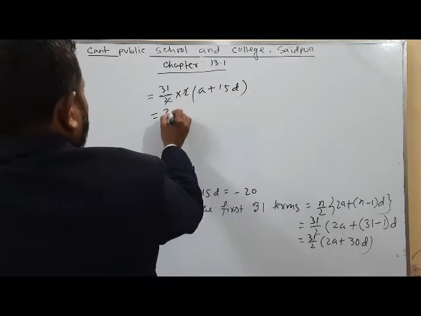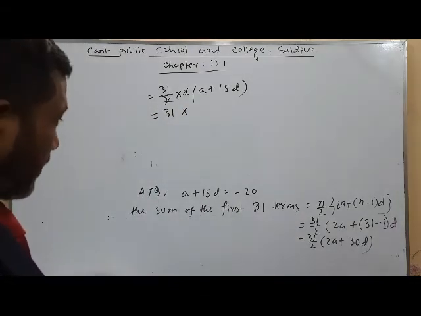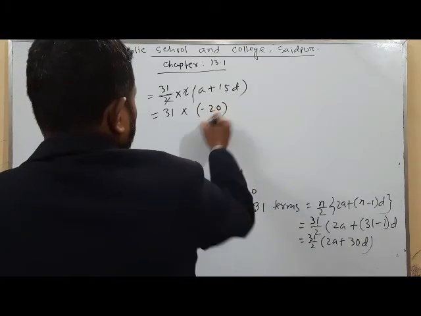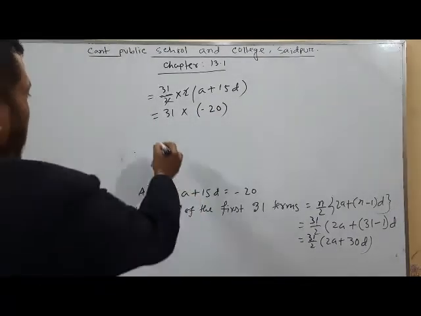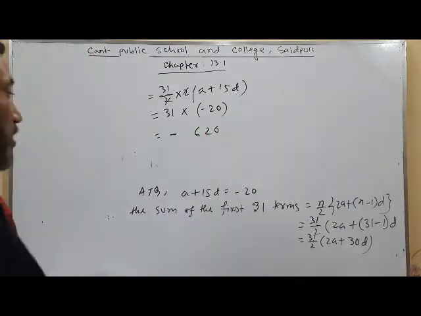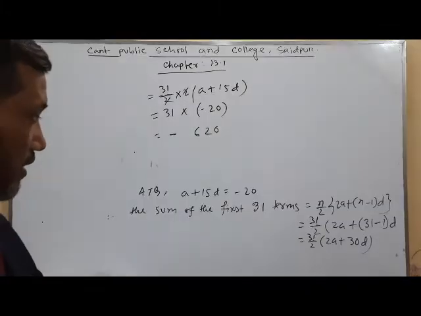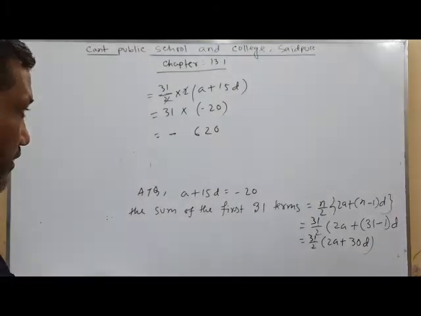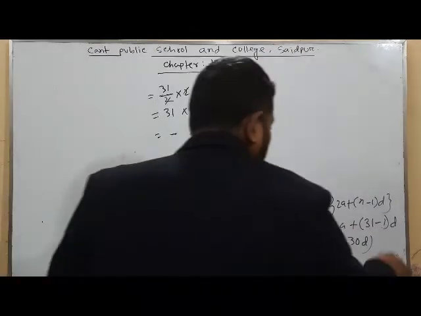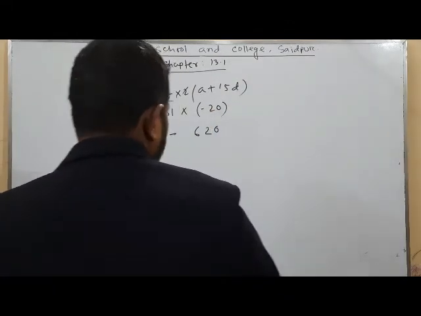The 2 will cancel, leaving 31 times (A plus 15D), which is equal to the given minus 20, that is 31 times minus 20, which is minus 620. The sum of the first 31 terms of that series will be minus 620. This is the answer.